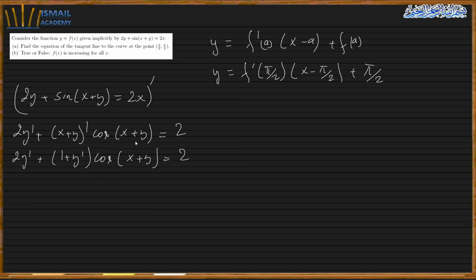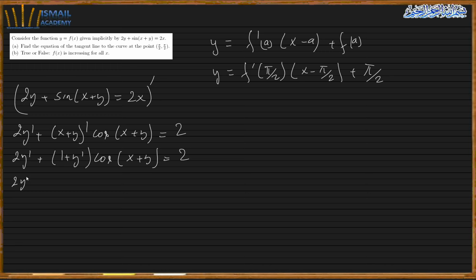So from here, if they ask you for a tangent line, don't go further and look for y prime in general. Substitute right away to make solving for y prime easier.